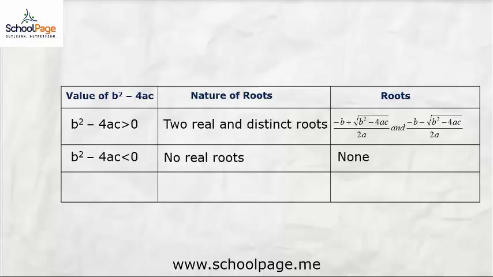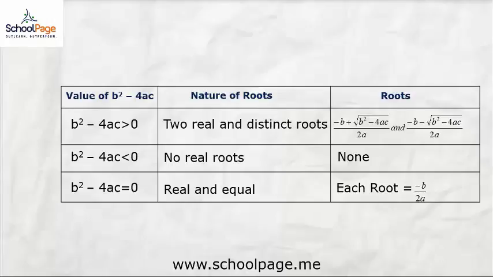If b² - 4ac is less than 0, then the quadratic equation has no real roots because the roots are imaginary or complex. If b² - 4ac is equal to 0, then we have two real and equal roots. Each root will be equal to -b/2a.